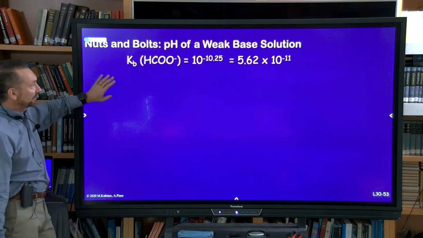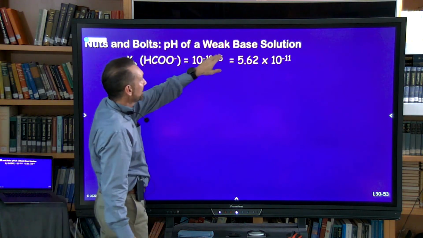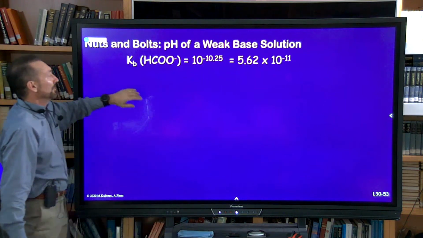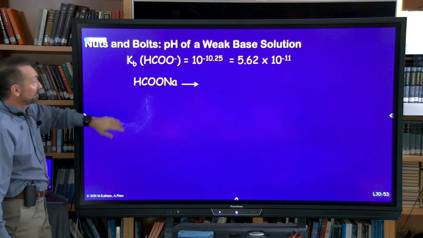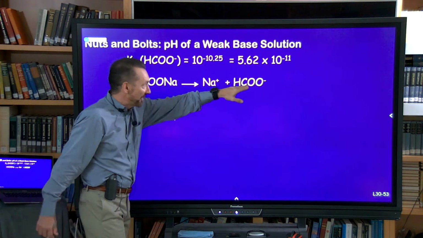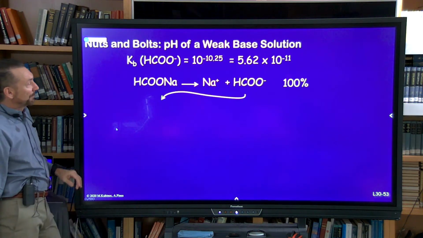So let's do that concentration. I'm going to take formic acid. I'm going to get the Kb, 10 to the minus 10.25, which is that number there. And I'm going to say, well, if I took that sodium salt, sodium formate, and I put it in water, I would make sodium formate. That will react with water, the formate part.